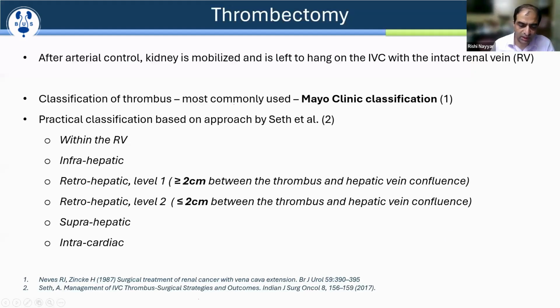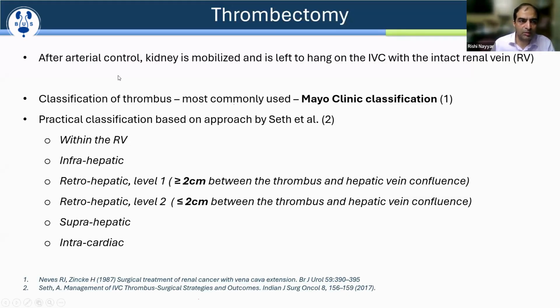So at least two ligatures should be placed on the aortic side, and towards the tumor side also one ligature should be placed. And if you cut the renal artery in between these, it releases the tumor a little bit from its hilum, and the dissection of the rest of the kidney also becomes a little bit easier. So you should also cut the artery at this level itself.